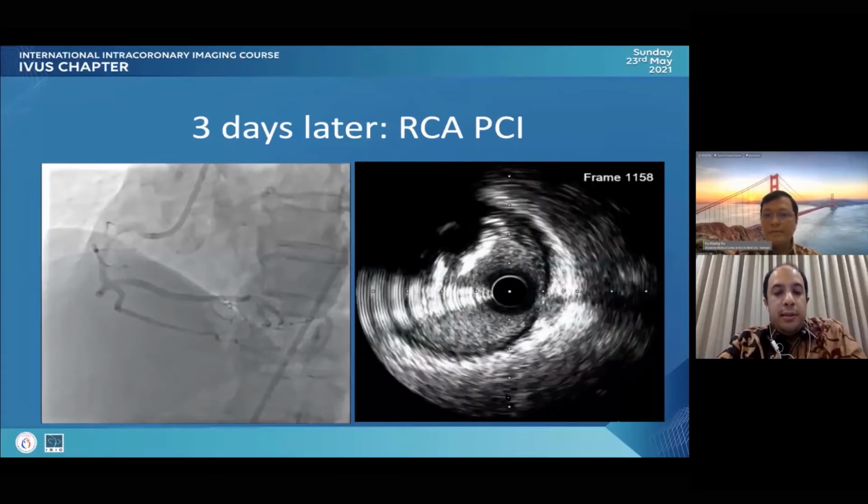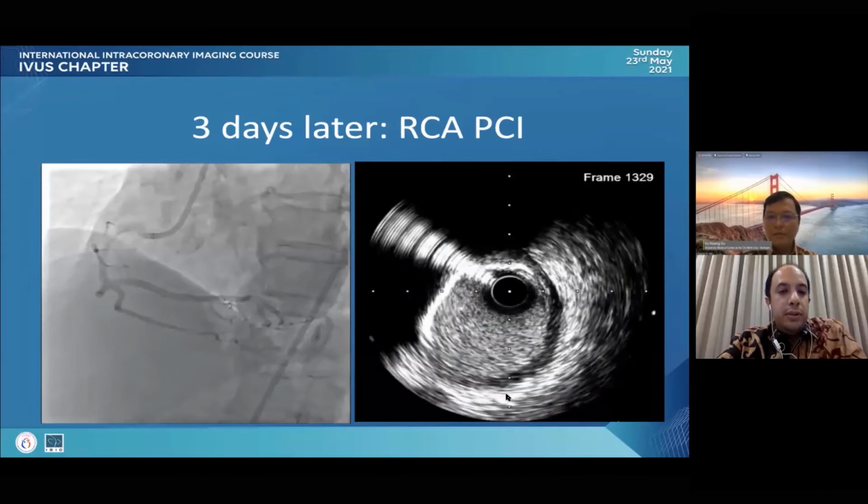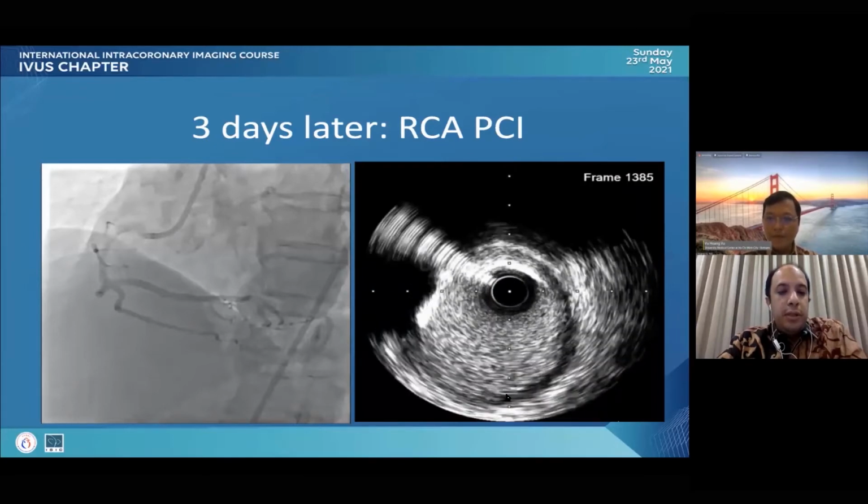Seeing this IVUS with the calcium protruding into the lumen, which Professor Akiko mentioned, it is confirmed to be a calcific nodule. The way to go is to deal with some kind of atherectomy, whether rotational or orbital. Although this is quite short, I don't think balloon-based atherectomy is enough. We need rotablation or orbital atherectomy.